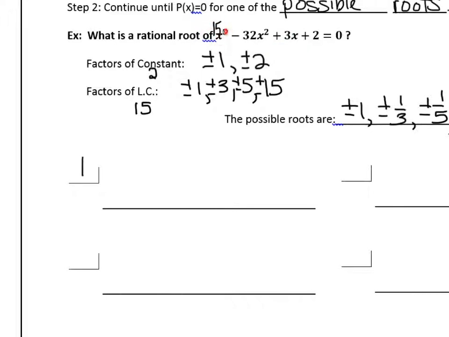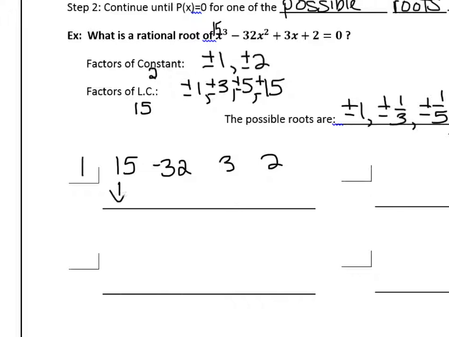So I check there's an x cubed, x squared, x, and no x, so we don't have any missing terms. So we have 15, negative 32, 3, and 2. So as soon as you get one answer with a remainder of 0, you found your actual root, because all it asks for is what is a rational root.